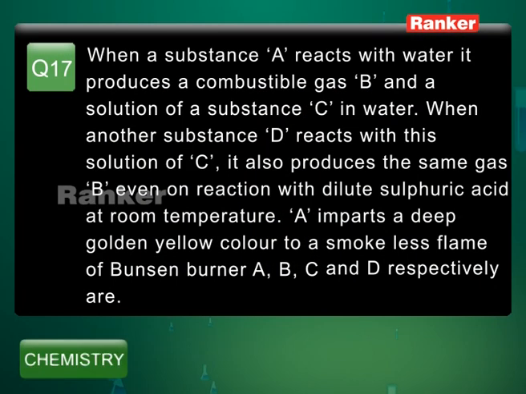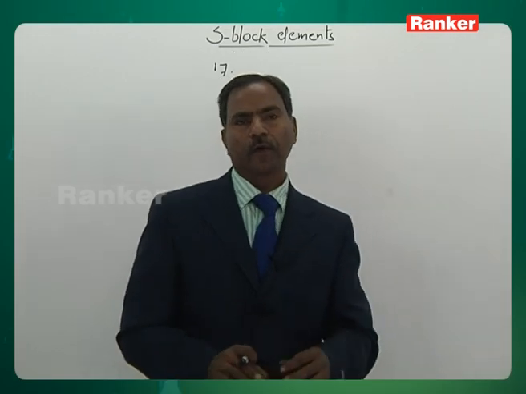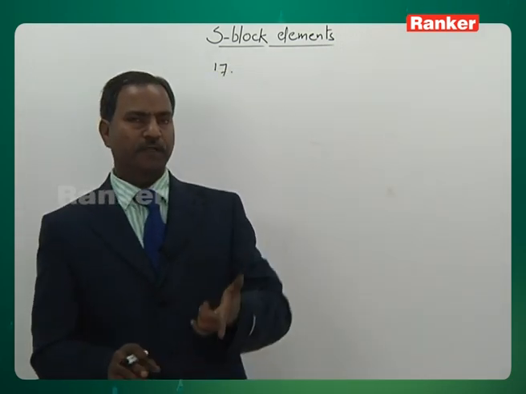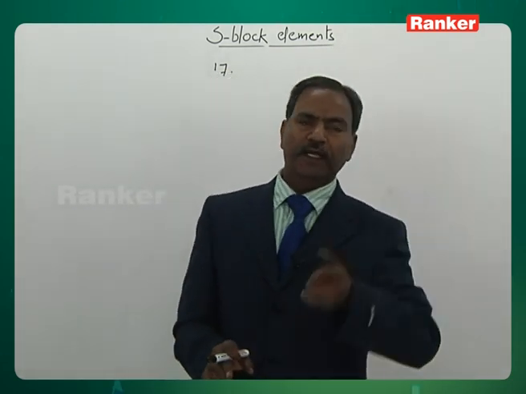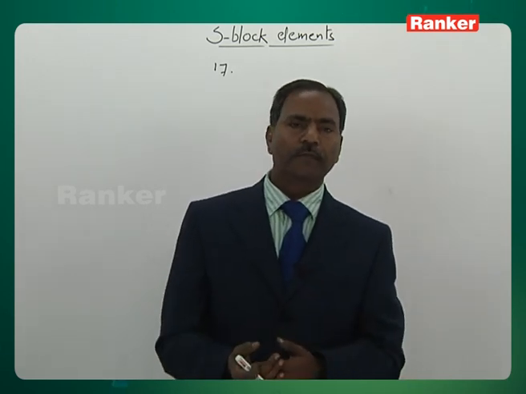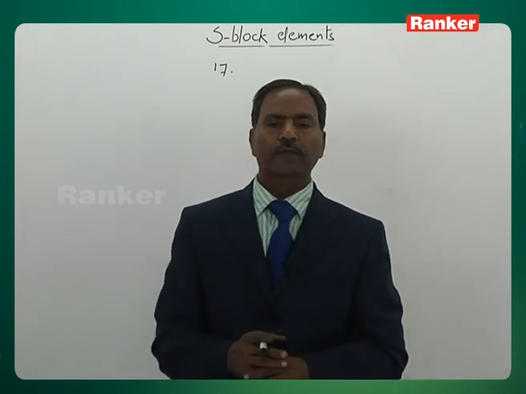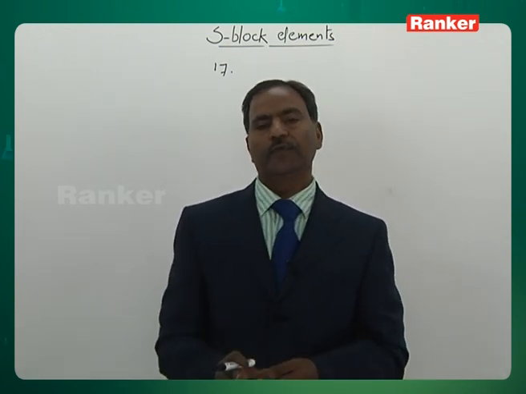Next, A imparts a golden yellow color to the smokeless flame. See, a metal is giving golden yellow color. Once a metal is giving a golden yellow colored Bunsen flame, then definitely you can say golden yellow means sodium metal. Then you can conclude substance A is definitely sodium metal.